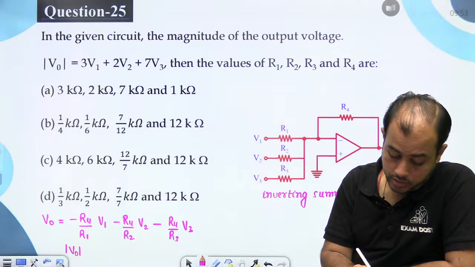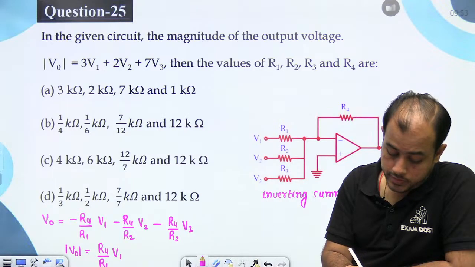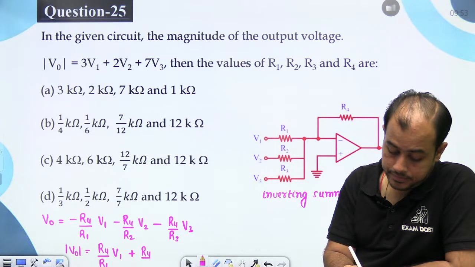So mod V0, basically it is removing the minus sign.